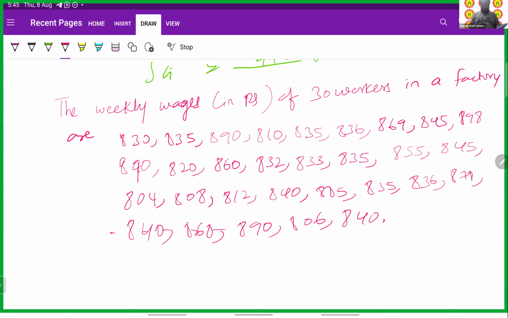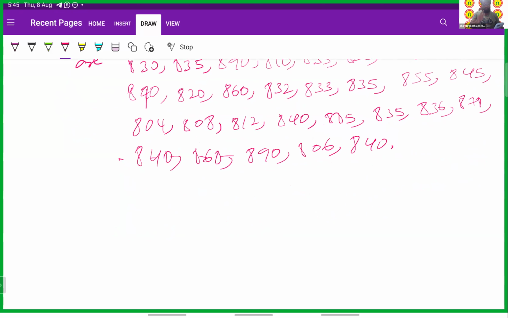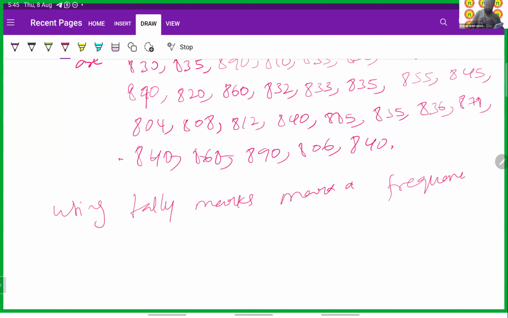So now what I should do here is, using tally marks, make a frequency table. We already discussed what tally marks are.